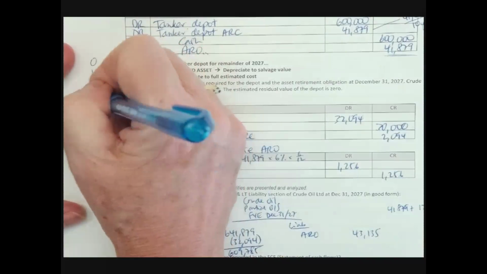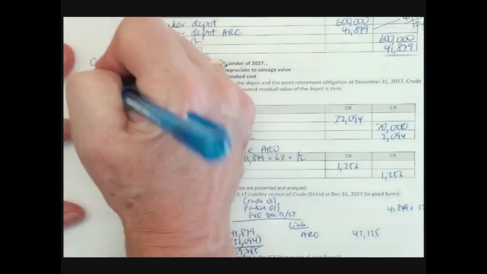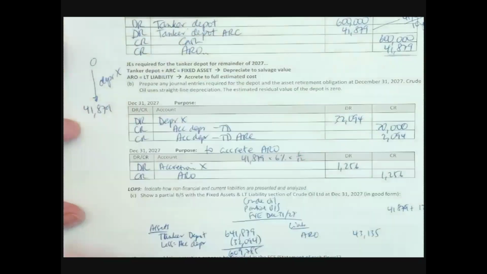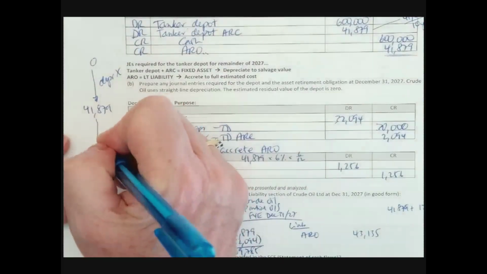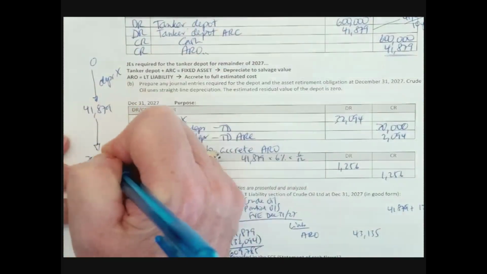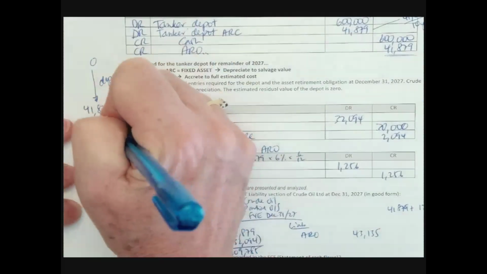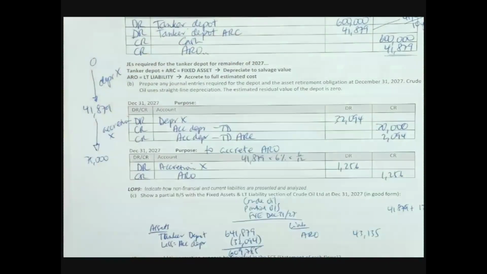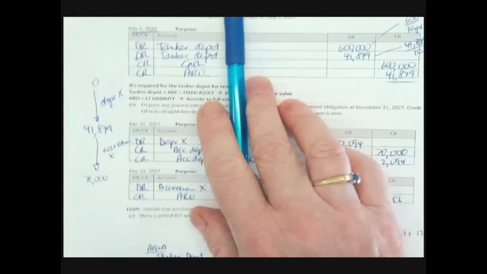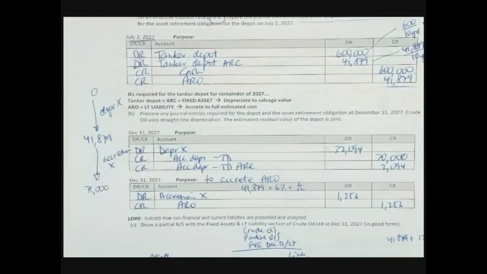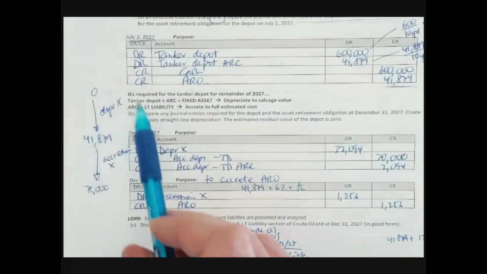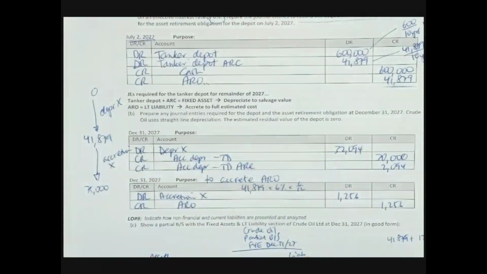So between 0 and 41,879, that hits as depreciation expense over 10 years. And then from 41,879 to 75,000, that hits as accretion expense over 10 years. Right? So the $75,000 cost does hit the income statement over 10 years through these two lines on the income statement: depreciation and accretion.